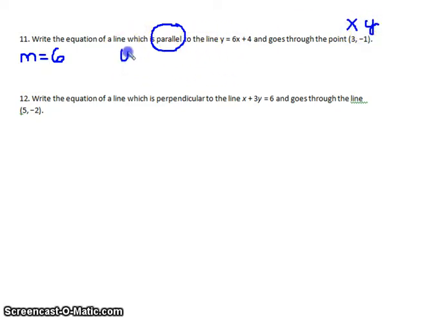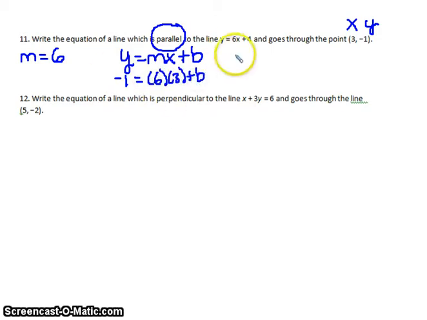I write y equals mx plus b, or negative 1 equals 6 times 3 plus b. When I clean this up, I get negative 1 equals 18 plus b. When I subtract 18 from both sides, I get negative 19 equals b.